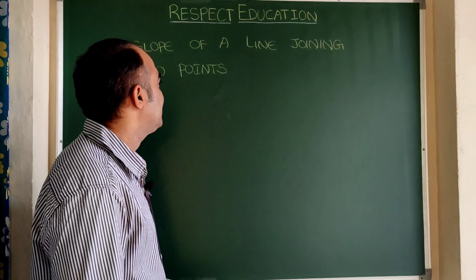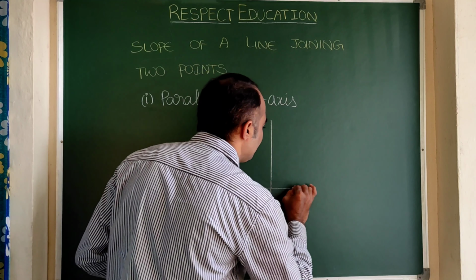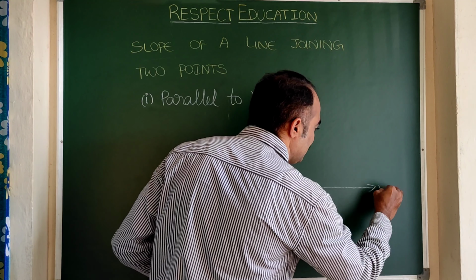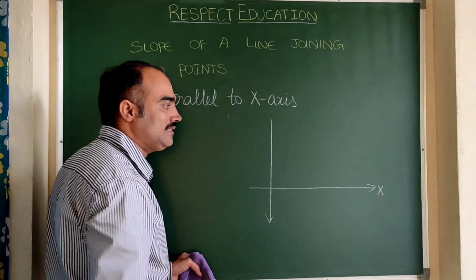Let us consider coordinate axis. This is the positive x-axis, I am taking as x. Negative x-axis, I am taking as x dash. This is the positive y-axis, is y. Negative y-axis, I am taking as y dash.